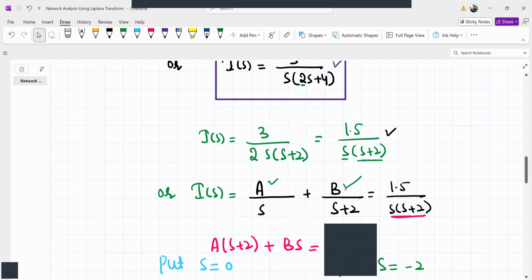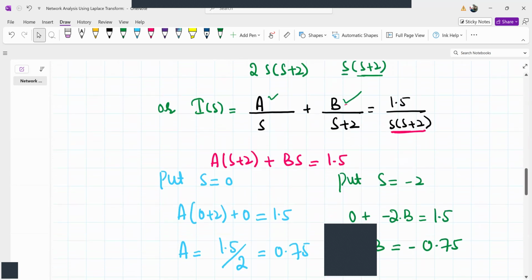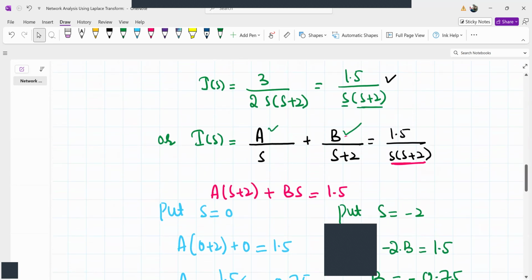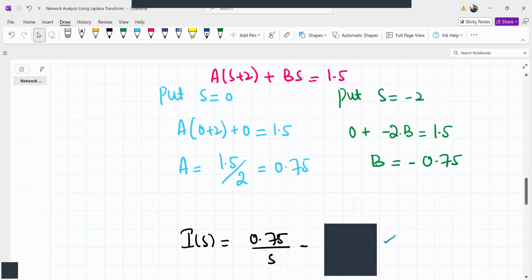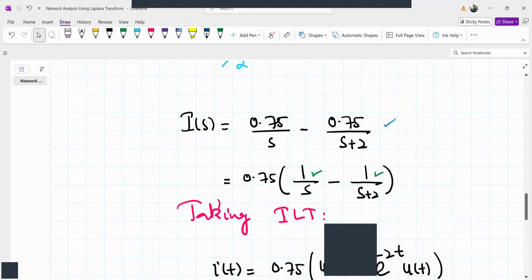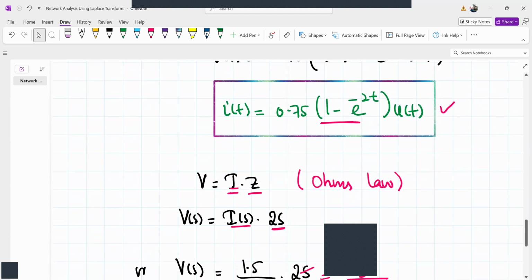To do that, we need to apply a method called partial fraction expansion, which we have done here. To find A and B, we did some manipulation here. Once we found A and B, we applied the inverse Laplace transform and found the current. This is our current, and we can also find the other variables.